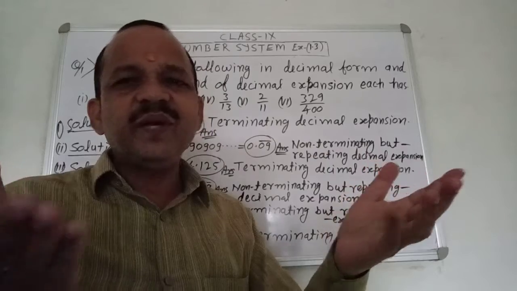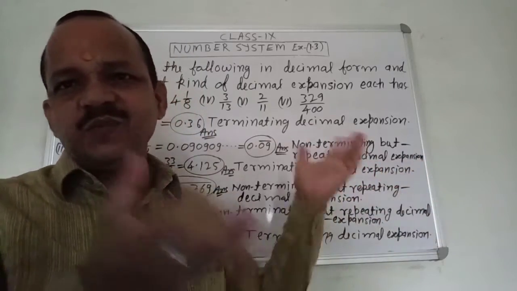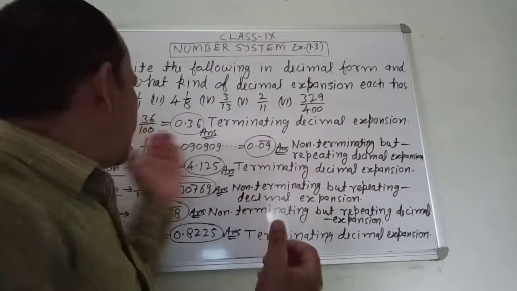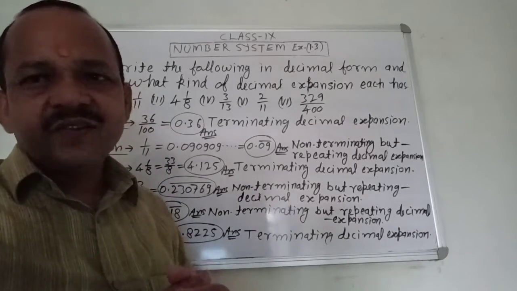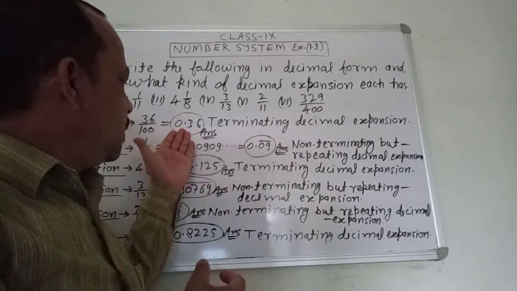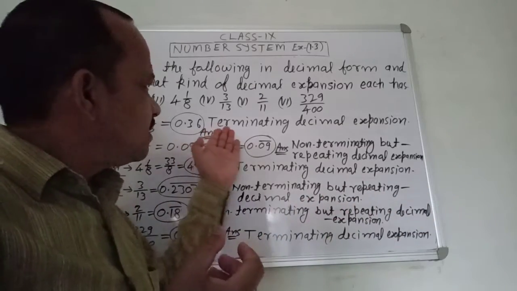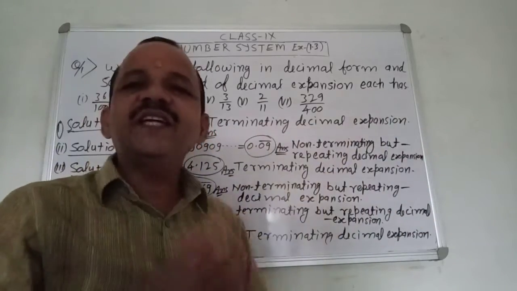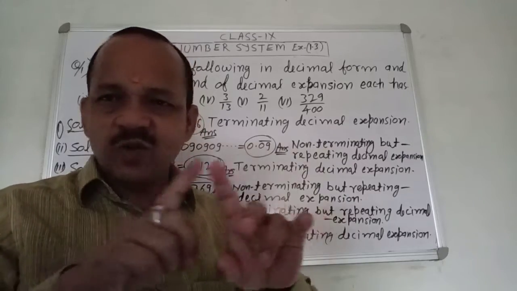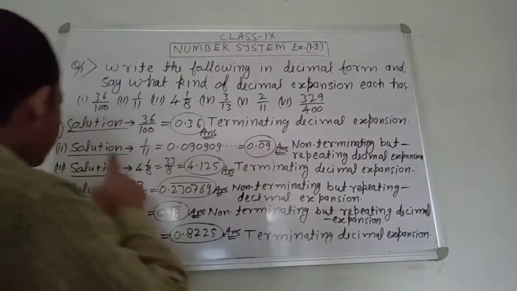Clear? It is very easy. You divide 36 by 100, then you find 0.36 and you declare it is a terminating decimal expansion. Clear? No suspense. Next question.